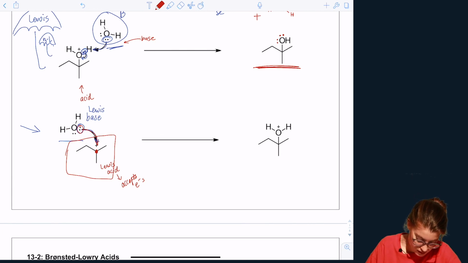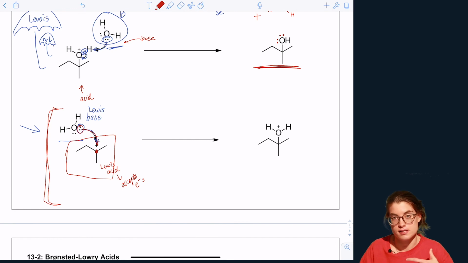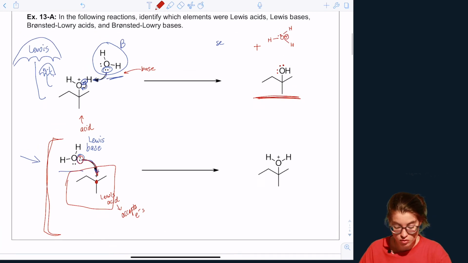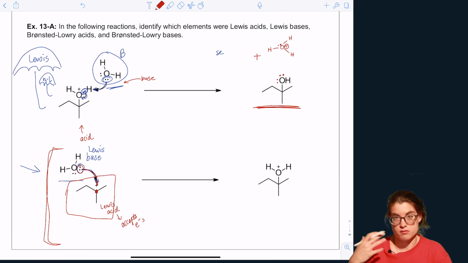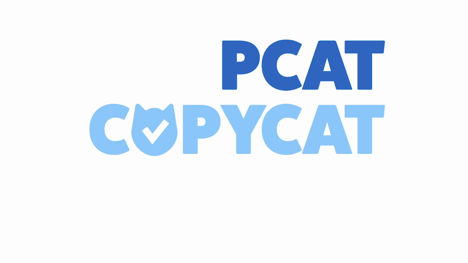So this bottom reaction, really you can only use the Lewis acid and base definitions to label who's the acid and who's the base. Whereas the top one, I could label them as Bronsted-Lowry acid and bases or Lewis acid and bases.